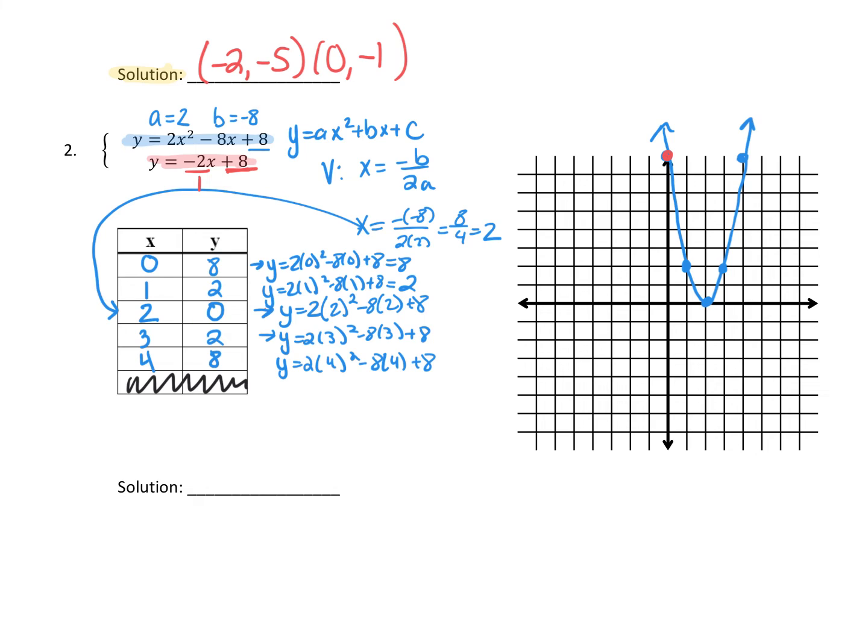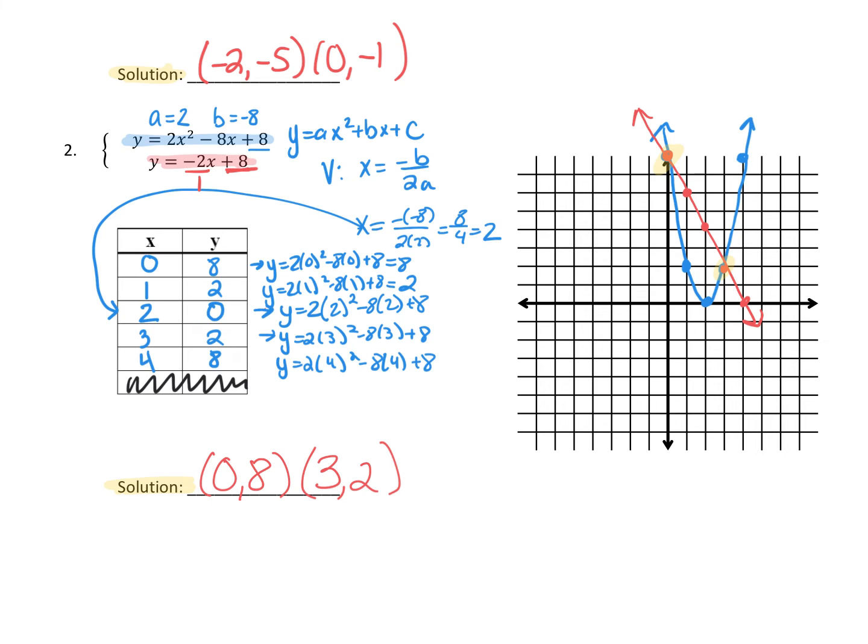Then my slope is down to the right 1. And I can see that my solutions are here and here. So that's going to be at (0, 8) and at (3, 2).